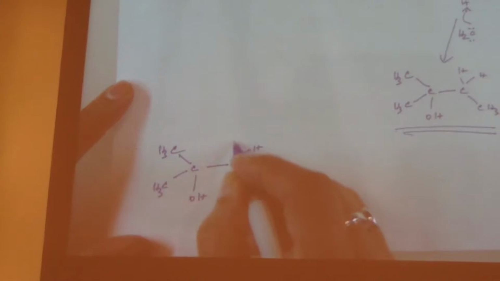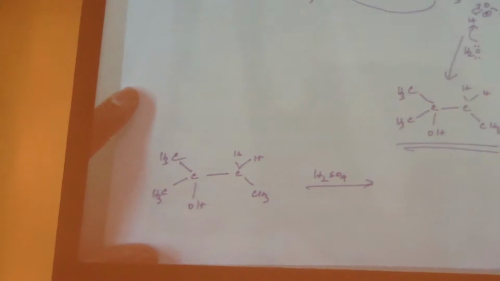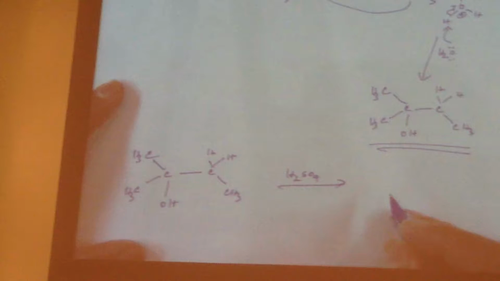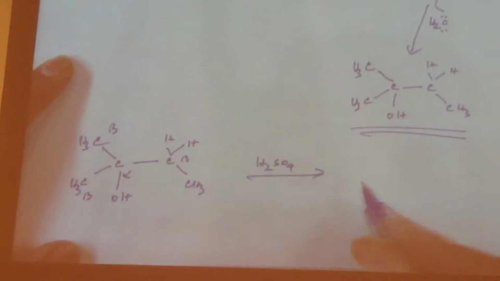We talked about how you can take this alcohol with sulfuric acid, and that is going to generate the alkene, where this is the alpha carbon. Remember, you have 3 different beta carbons, and all of them can generate a product.